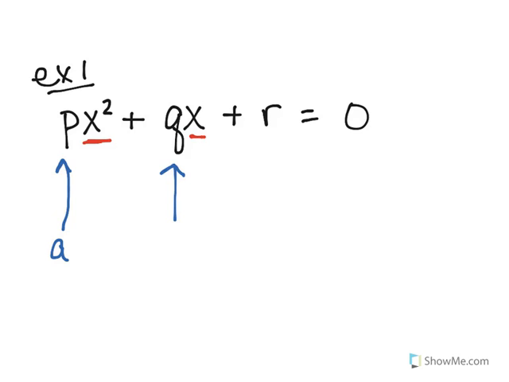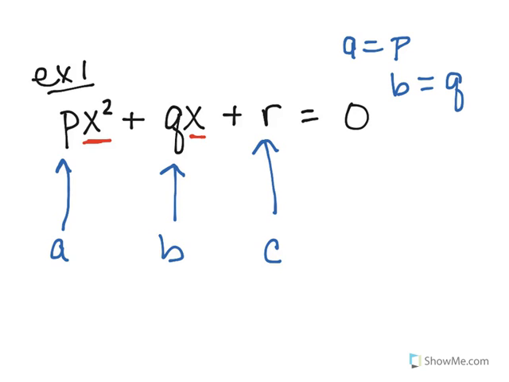This multiplier that's multiplying times the x, we call that our b. And this constant, the number at the end, we call c. So from here, we already have our variables. We already have our letters named for this problem. A is that value p. B is that value q. And c is that value r.